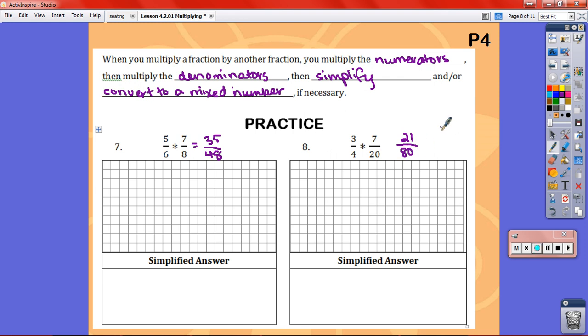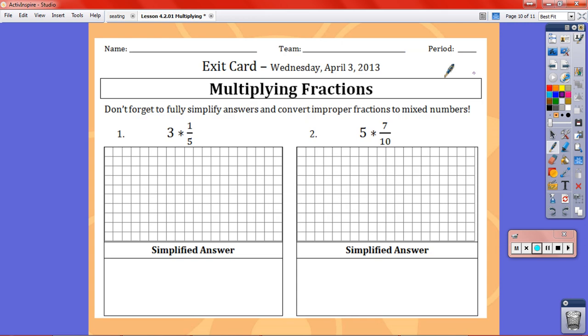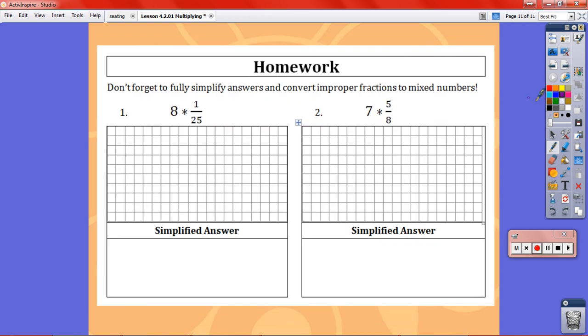And that actually can't be simplified either, so we can stop there. 1 times 3 is 3, and 5 times 8 is 40. That can't be simplified. 1 times 1 is 1, and 12 times 2 is 24. And that can't be simplified. That's it. That's our answer. Then we have an exit card, and then homework.